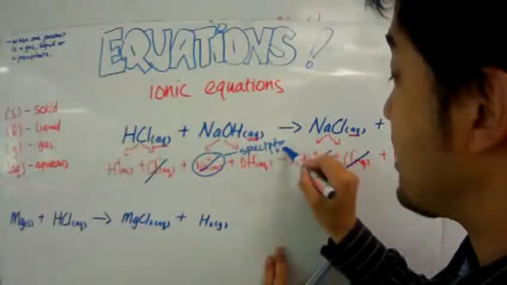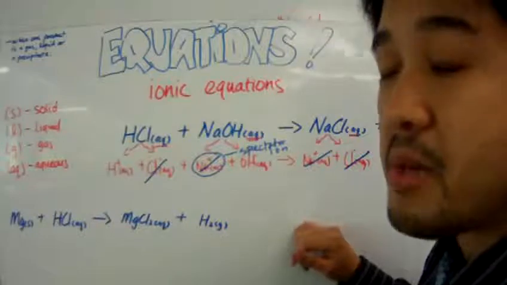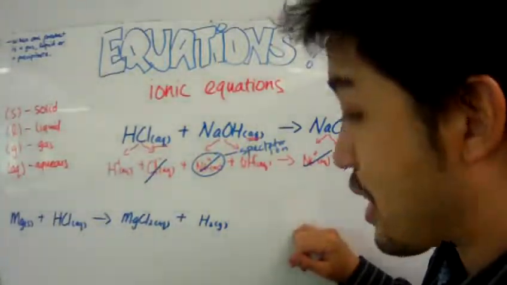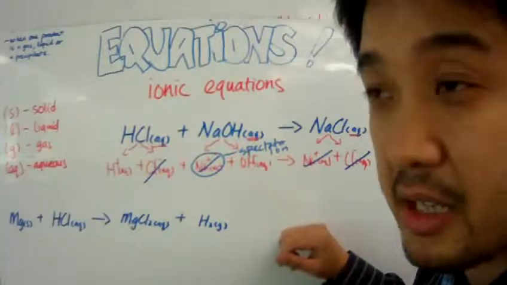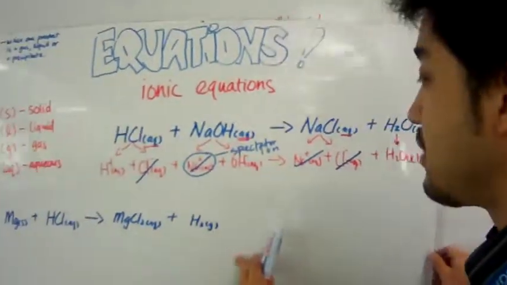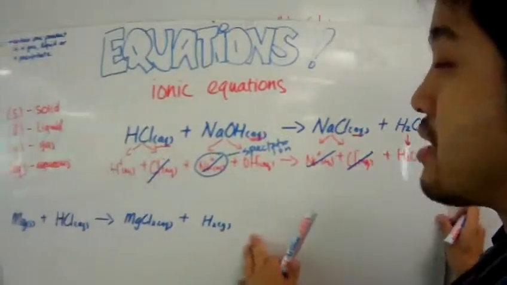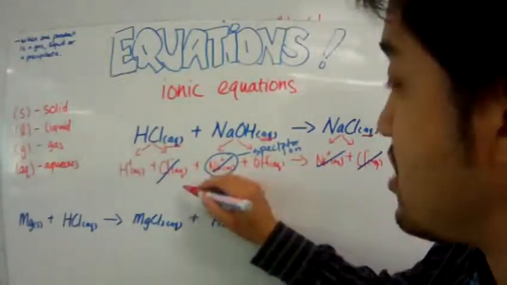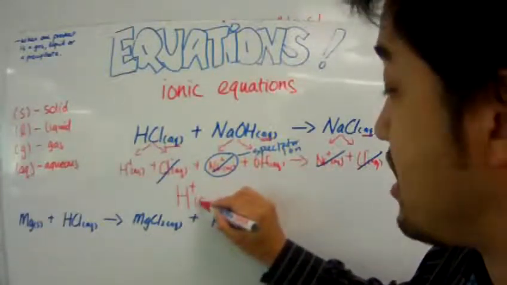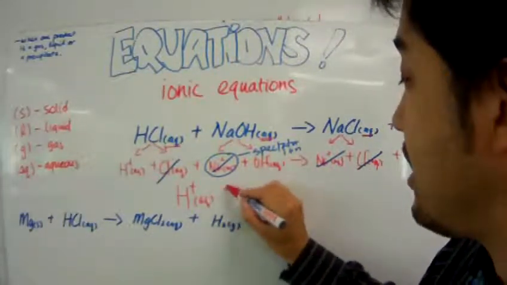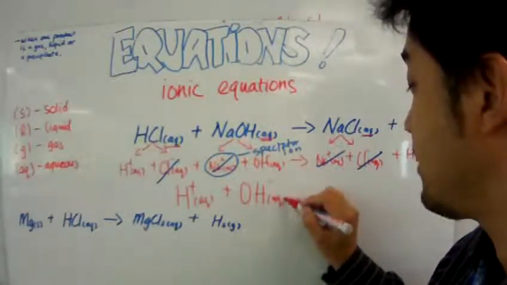They are called spectator ions because, like in a tennis match, I, being the spectator, just look at the game that's being played, but I'm not the one playing the game. So when you cancel them out, the remainder will be your ionic equation. So what did not cancel out? Well, the hydrogen ion did not cancel out, and the hydroxide ion did not cancel out.